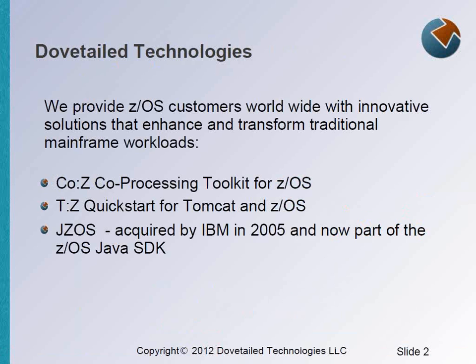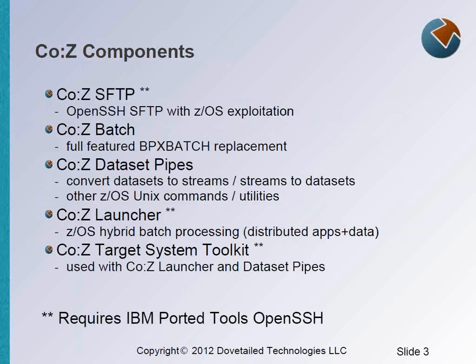I'll just mention our primary product these days, the big thing that we're working on mostly, is a Cozy co-processing toolkit for z/OS. It has a number of components, most popular of which is Cozy SFTP, which is our port of the OpenSSH SFTP components, just the SFTP parts of OpenSSH.